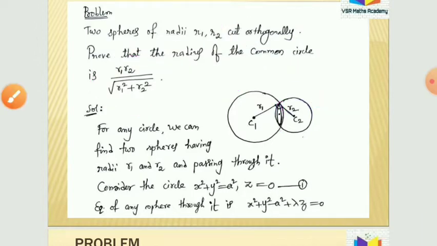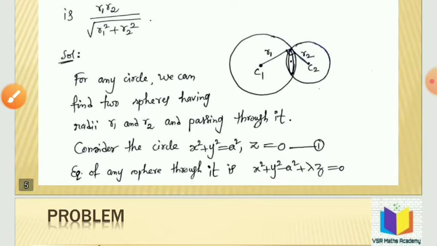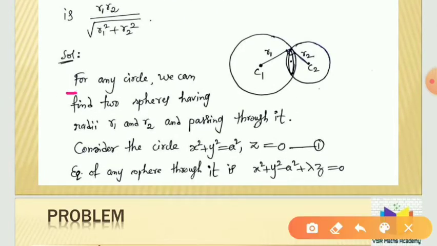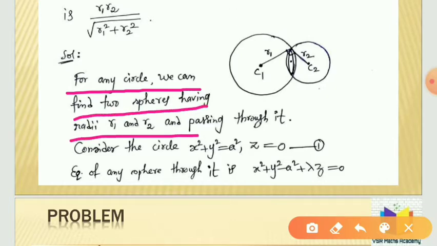For any circle, we can find two spheres having radii r1 and r2 and passing through it.